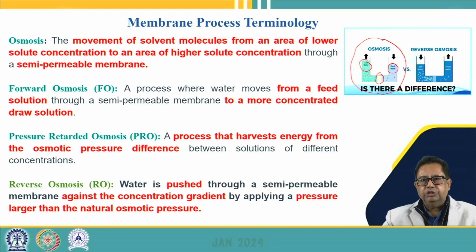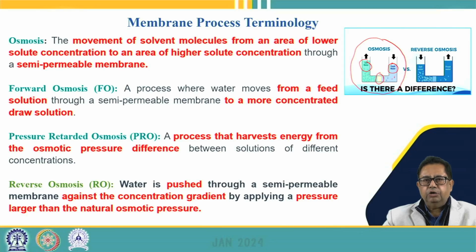Forward osmosis is when we separate two solutions by means of a semi-permeable membrane, and the water moves from the feed solution to the more concentrated draw solution. This is called forward osmosis. It is similar to the osmosis process, in which the water moves in the direction in which osmosis happens.